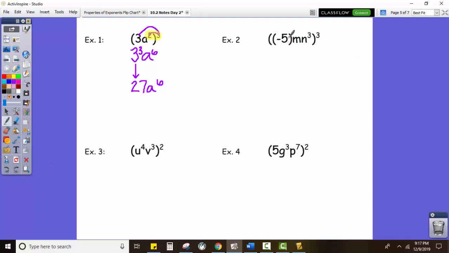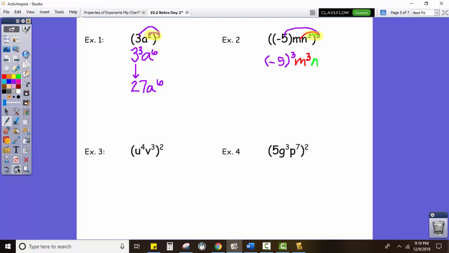Example 2, I have -5, which is in parentheses just to show you that the negative belongs with the 5, m n to the third, all to the third. So I'm going to take this exponent of 3 on the outside, distribute it to each factor on the inside. So I would have -5 to the third power, and then I'll distribute the power of 3 to the m. So I would have m to the third, and then n to the third to the third.